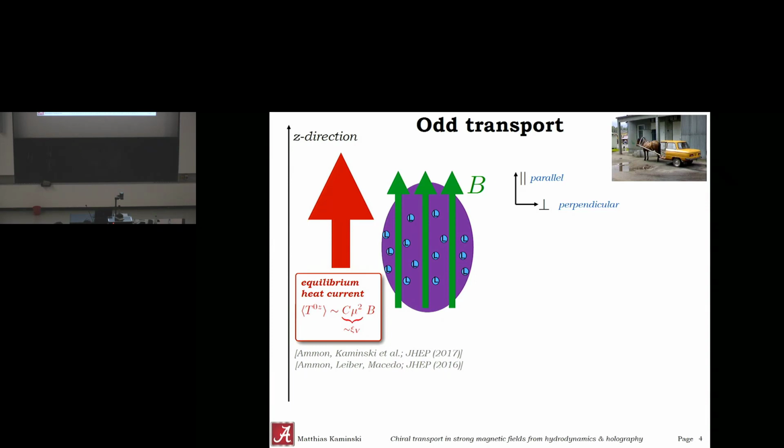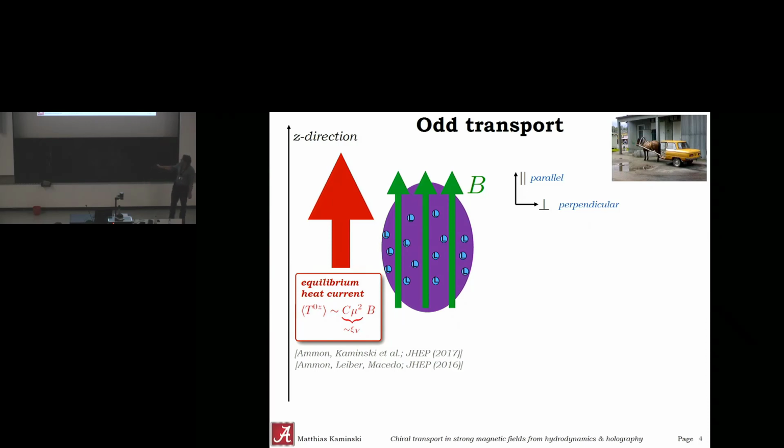This current is proportional to C, which is the anomaly coefficient of your chiral anomaly, and there's a chemical potential squared, and there's a magnetic field. So you have a heat current that is constantly there in equilibrium. And it's of the same order as energy density, pressure, all thermodynamic quantities, you name them. I found this quite astonishing.